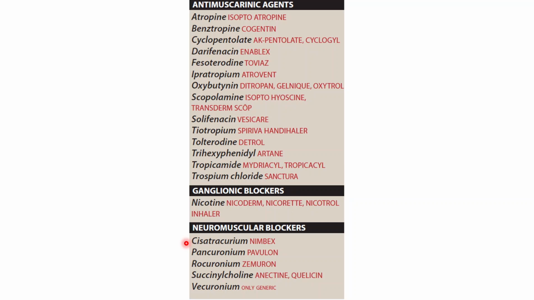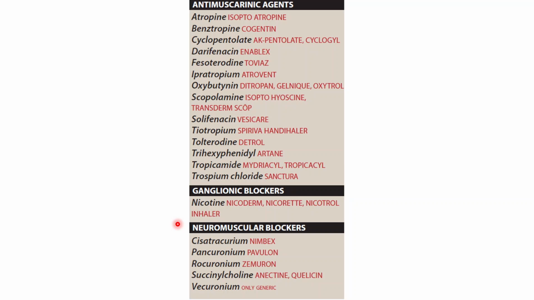For the inhalation anesthetics, the neuromuscular blockers can be used prior to the administration of the anesthetic, so for general anesthesia.